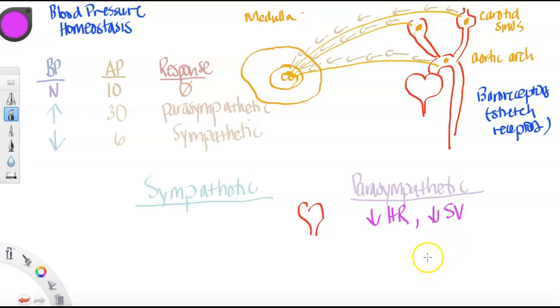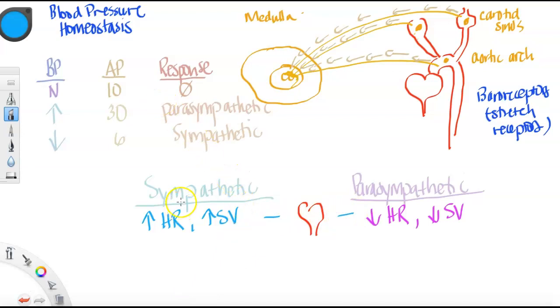Okay? If the blood pressure is too low, the sympathetics take over, and what happens? Well, we get the opposite: increased heart rate and increased stroke volume. So that's for what's happening with the heart.